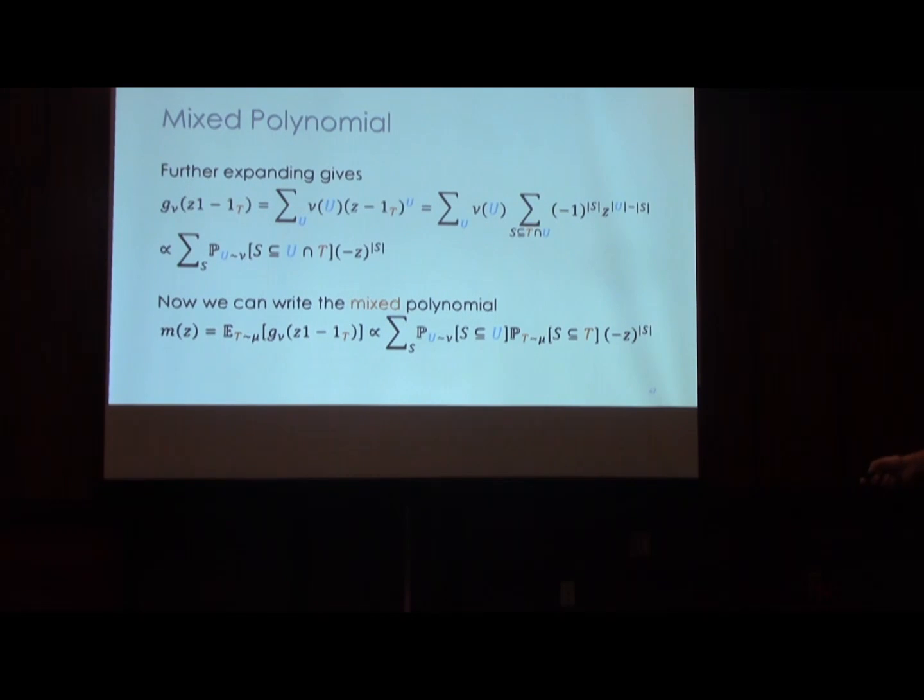Okay. This was for a fixed tree T. I was writing my polynomial for a fixed tree T. Now I have to do a mixture over all T's. If I do a mixture over all T's, I get this expression here. So the probability of S being a subset of U, the probability of S being a subset of T, times minus e raised to the power of size s.